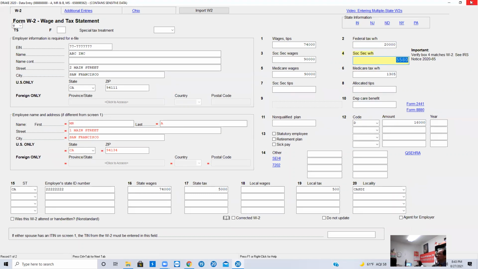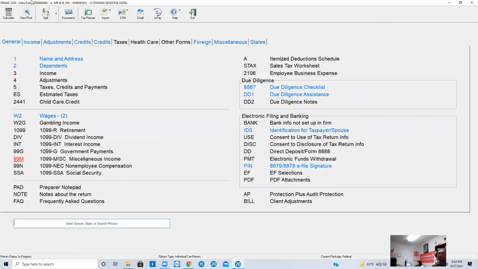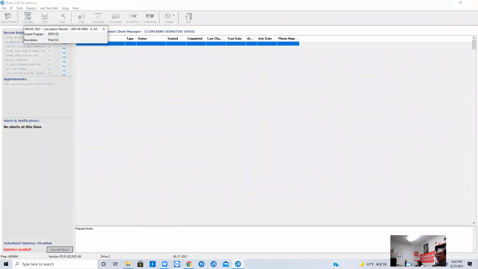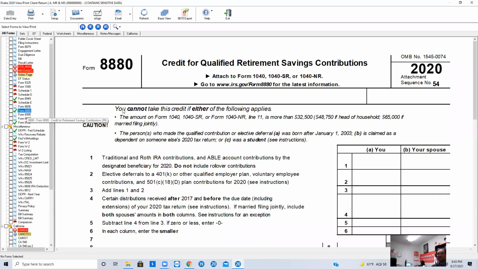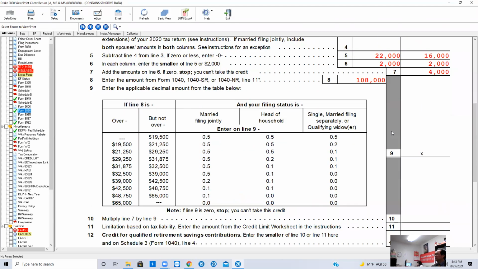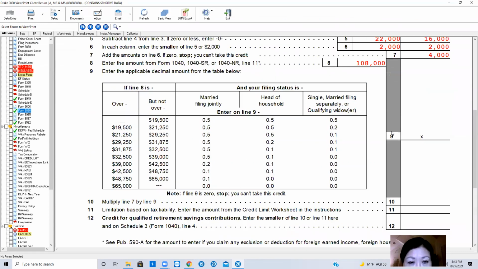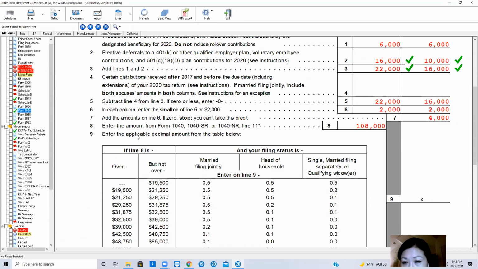Okay, see whether or not they qualify. When you have an income more, a lot of times they're not qualified. Line 11.